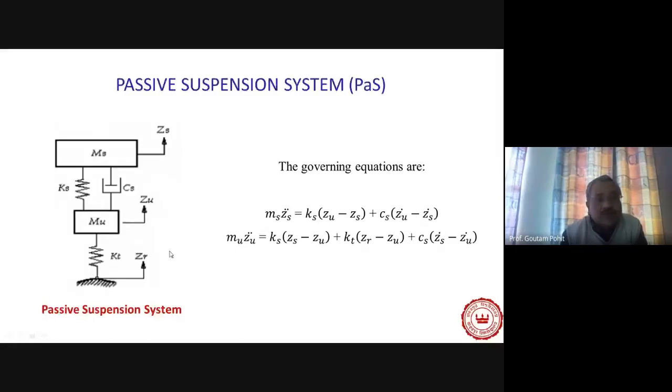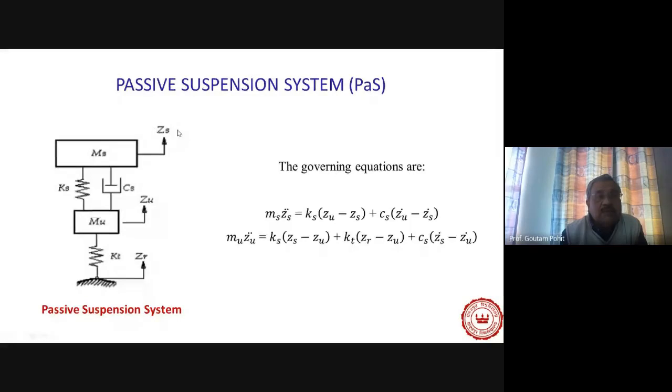Sorry for the disturbance. The governing equations are given by this one. See, this is the road input, ZR. This is the intermediate input. This is a 2-degree-of-freedom system. You can easily get this equation of motion, and this is the response we are observing actually.